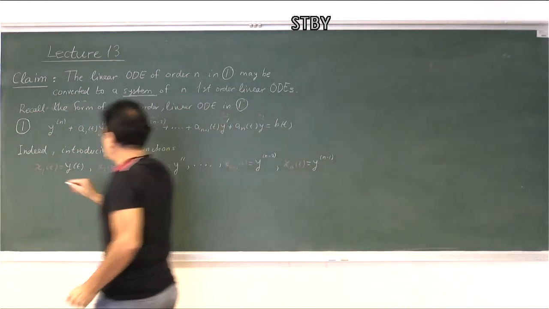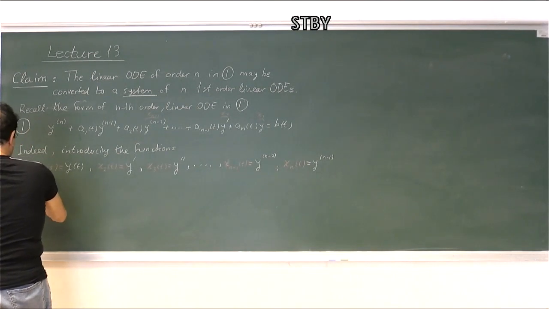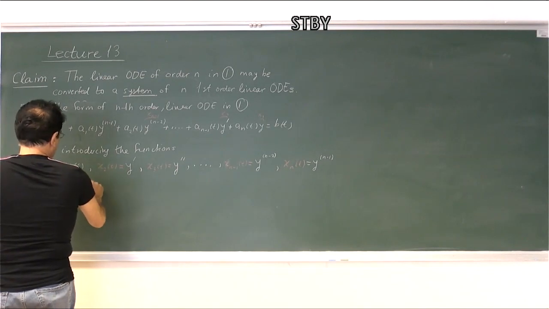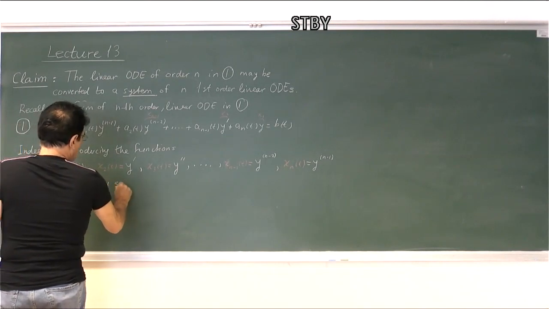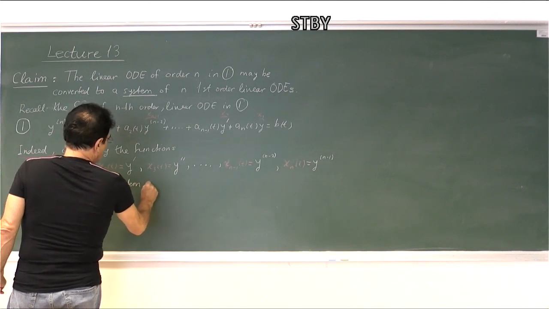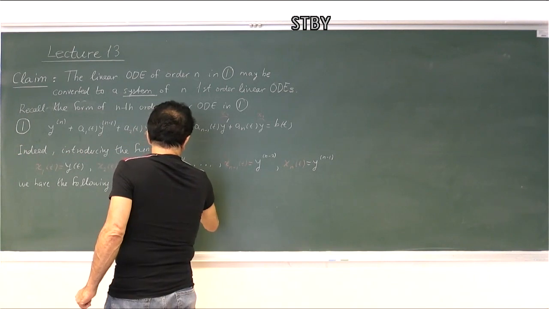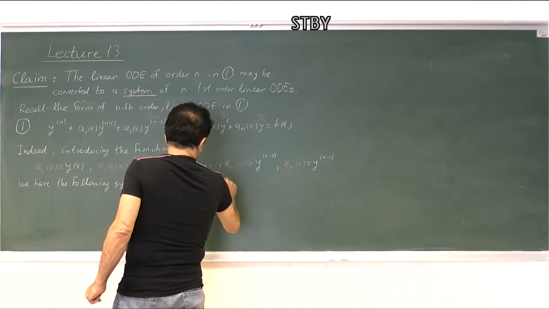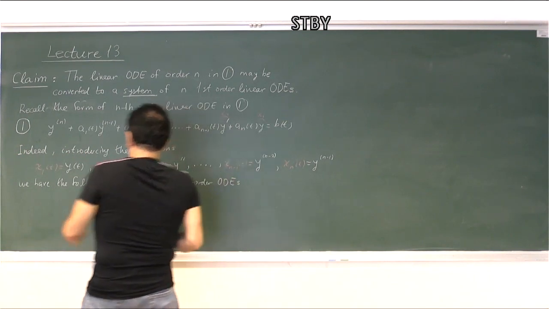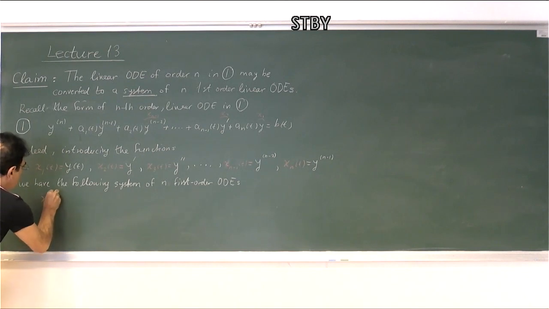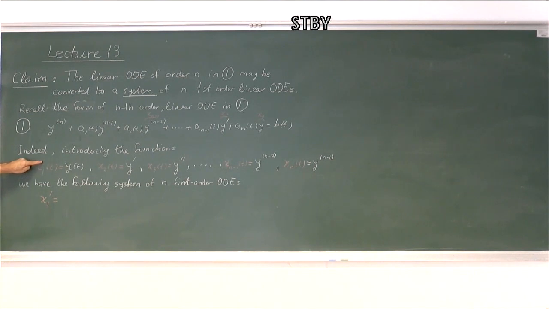Now, we have the following system of n first order ODEs. Look, as you see, x1 of t has a derivative. What is the derivative of x1?